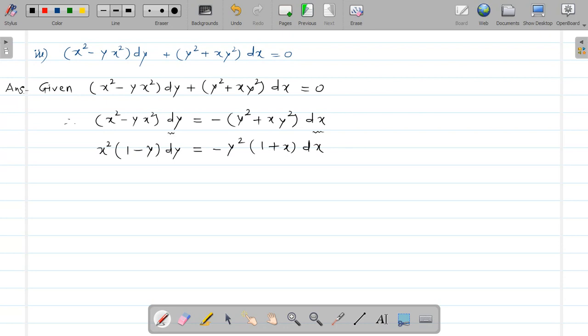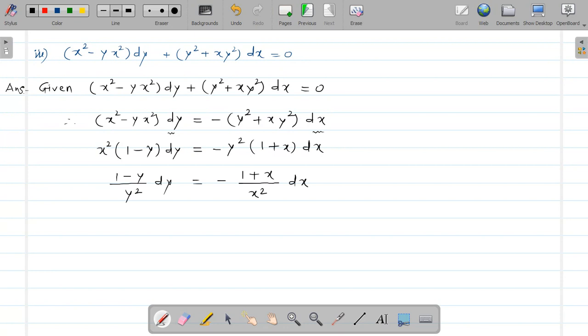So what will you get here? We will get (1 − y)/y² dy is equal to, here it is minus as it is, into (1 + x)/x² dx. So the terms of x and the terms of y are separated.